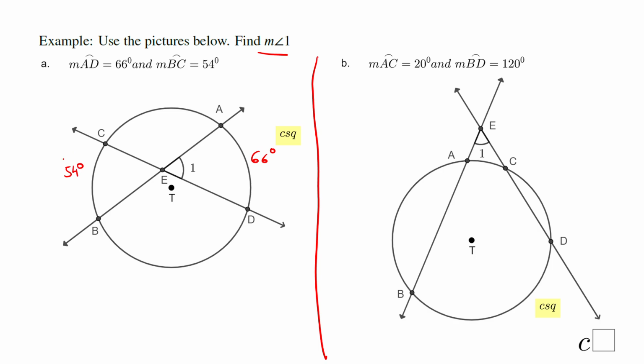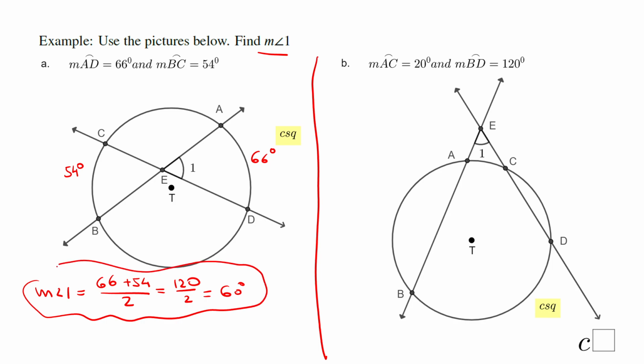So for finding the measure of angle 1, we simply add these two arcs, 66 and 54, and divide by 2. That will be 120, divided by 2, that will be 60 degrees. The measure of angle 1, in this case, the angle formed by these two secants inside of the circle, is 60 degrees.